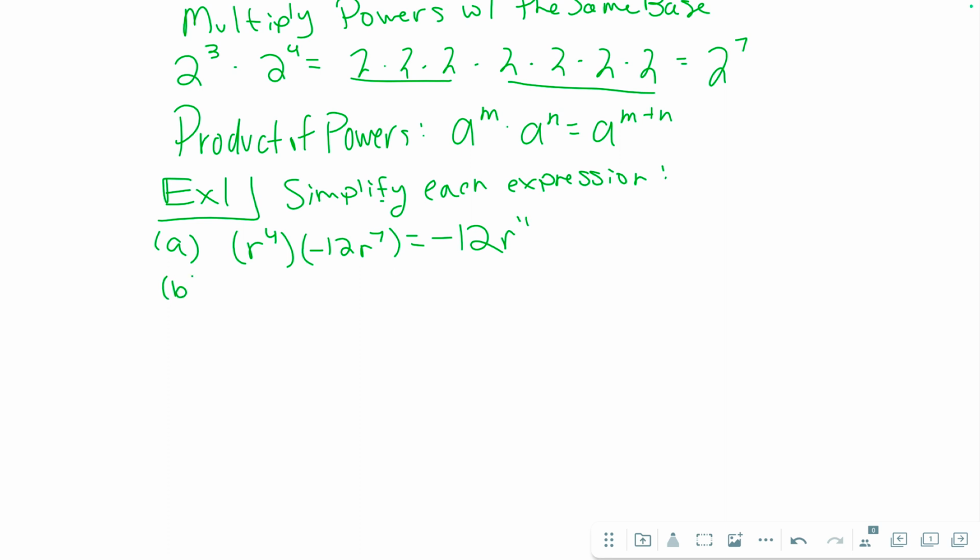B: 6cd to the 5th times 5c to the 5th d squared. How do you think we would do this one?